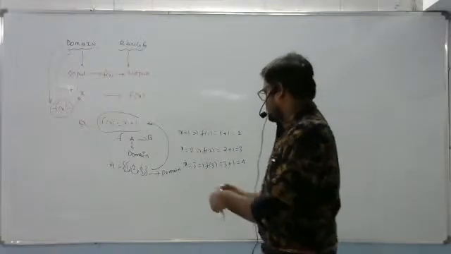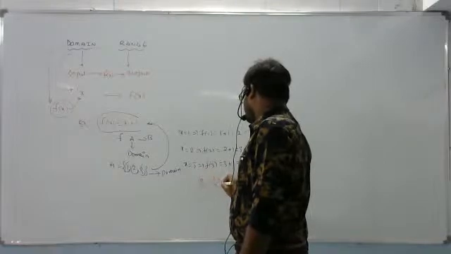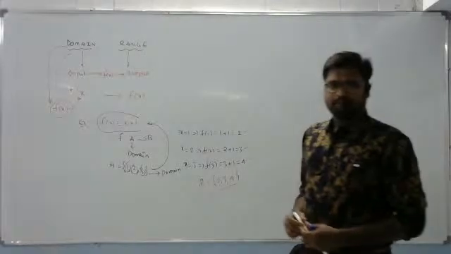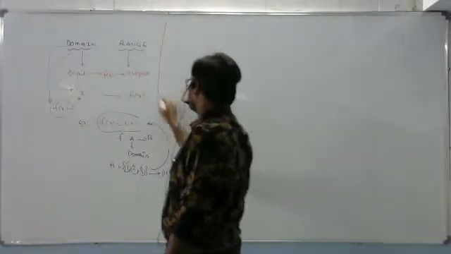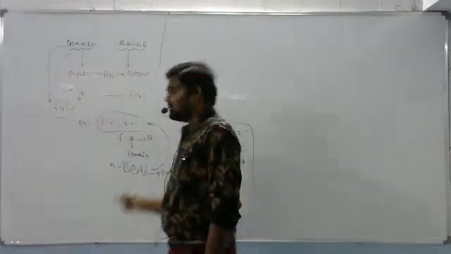So corresponding to this, what is the range? 2, 3, 4. Understood? So this is just the basic understanding of domain and range.